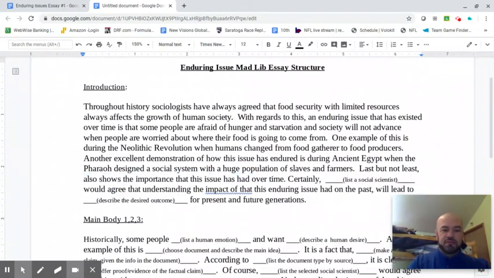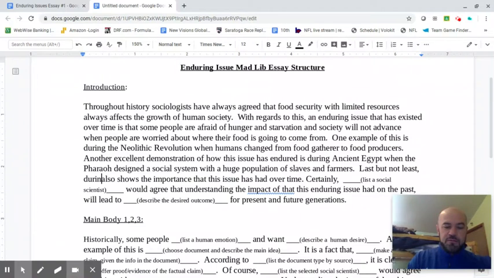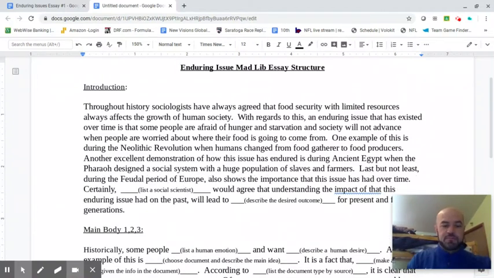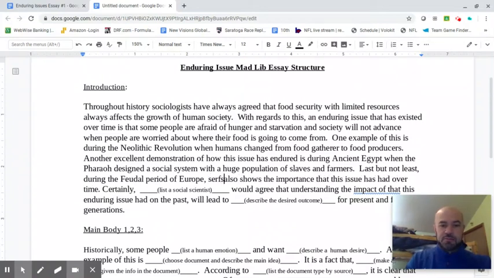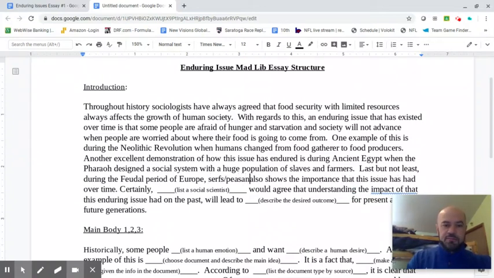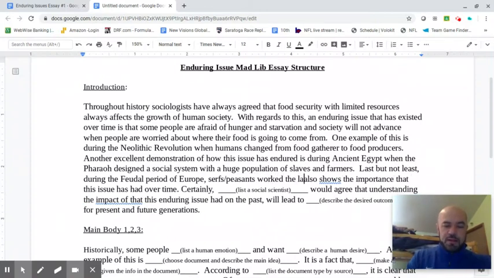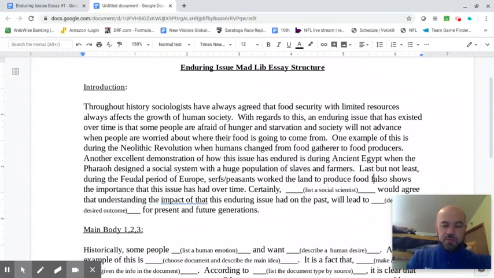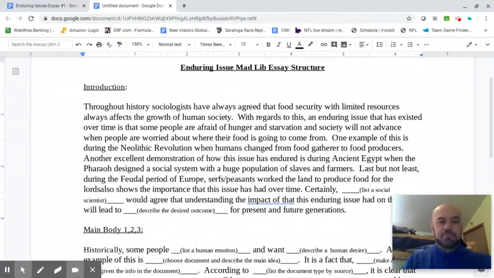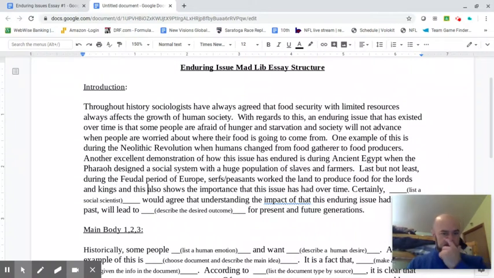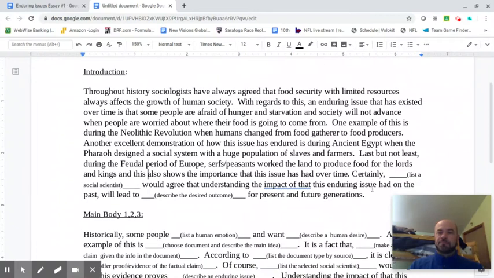Last but not least, during the feudal period of Europe, serfs, or it should be peasants, worked the land to produce food for the lords and kings. And this also shows the importance that this issue had over time.